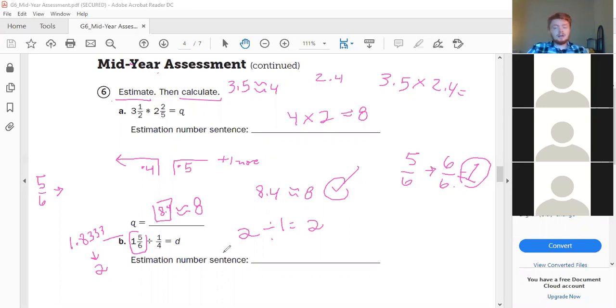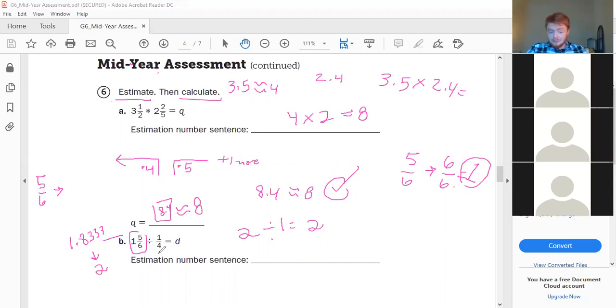Do you guys remember how to divide fractions? We cross multiply. Yes, make sure we raise our hand, but yes, Deshaun is correct. Cross multiply. Okay. So to do that, though, we need to turn our mixed number here into an improper fraction.